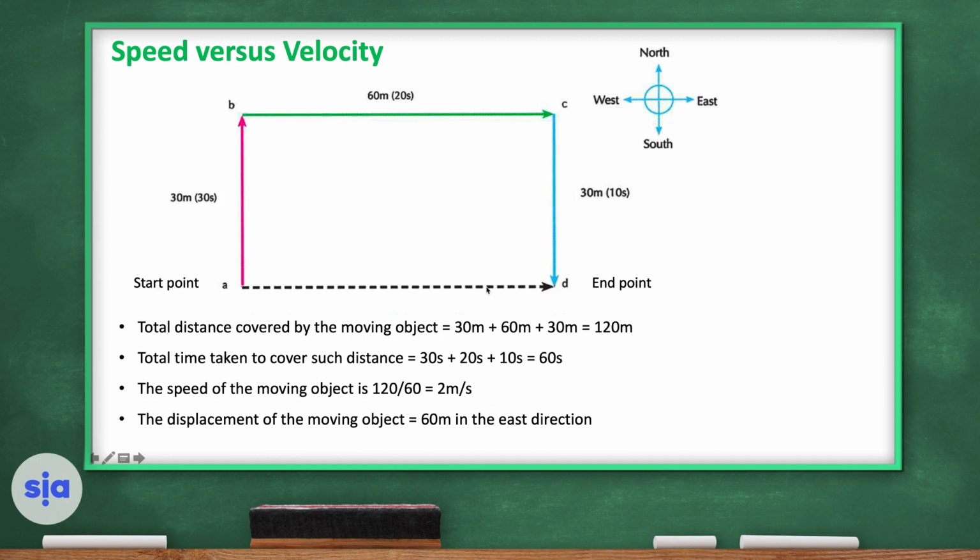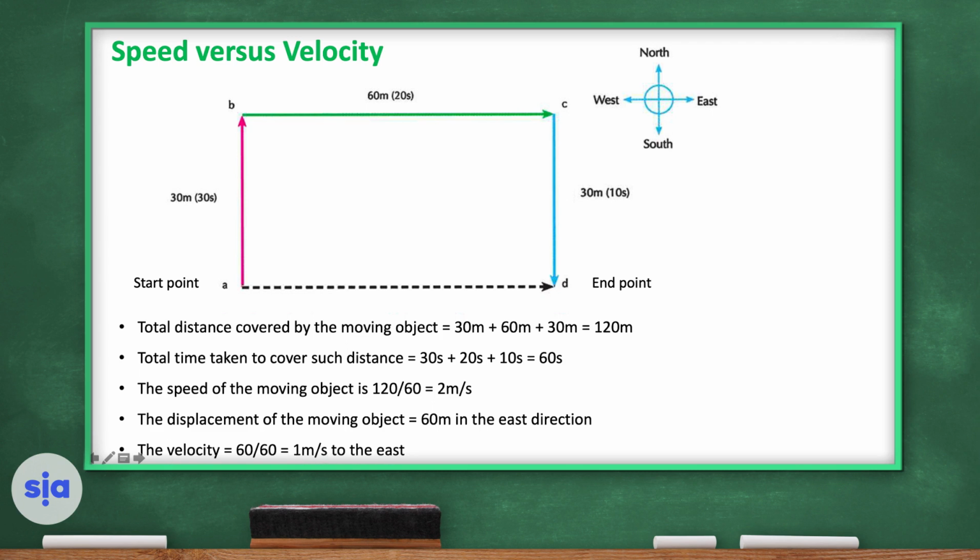So this is the displacement represented by the dotted line, 60 meters in the east direction. And now the velocity is 60 meters divided by the time, which is 60 seconds, to the east. So the velocity is 1 meter per second to the east.